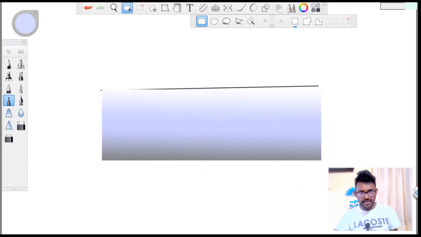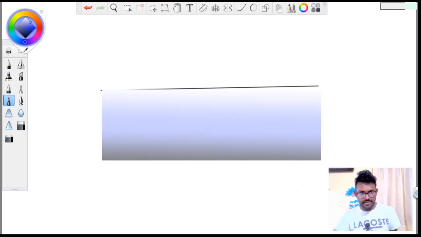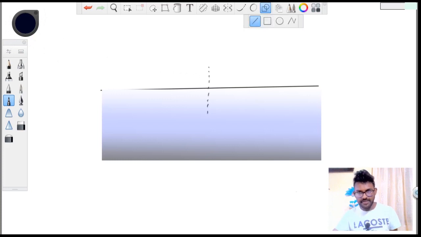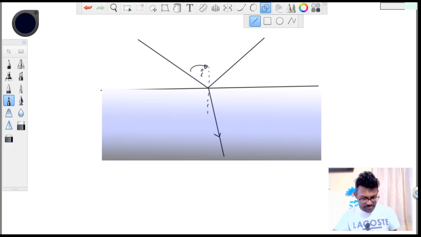Let's say a certain light is being incident to this interface at a certain angle, like this, right? I. Now you know that it gets refracted in, and a part of the light gets partially reflected, like this.